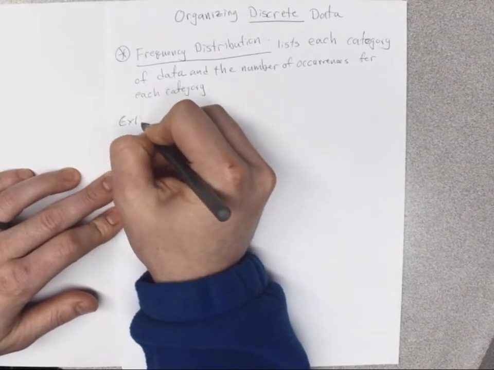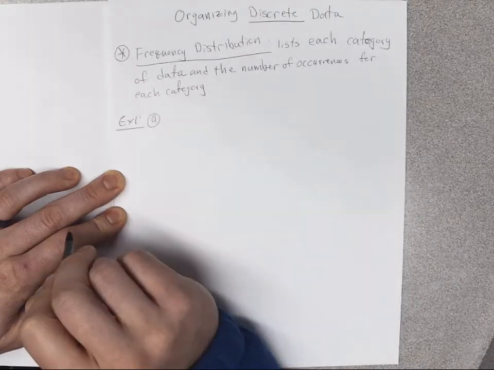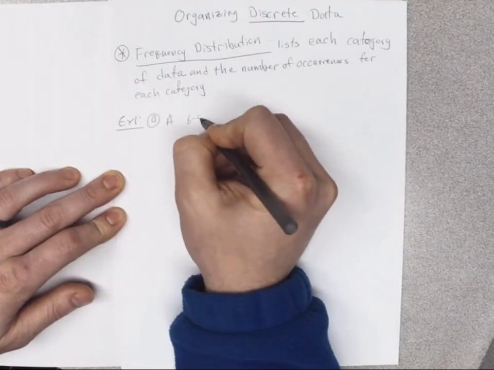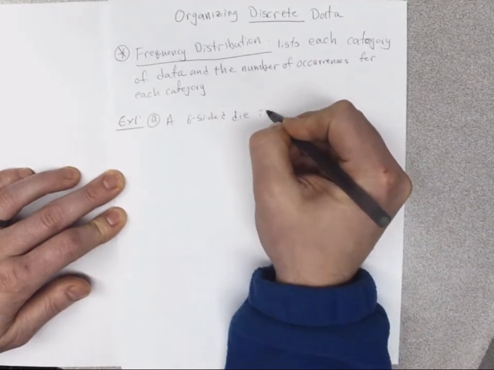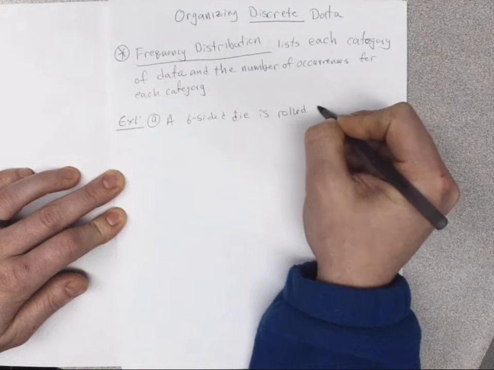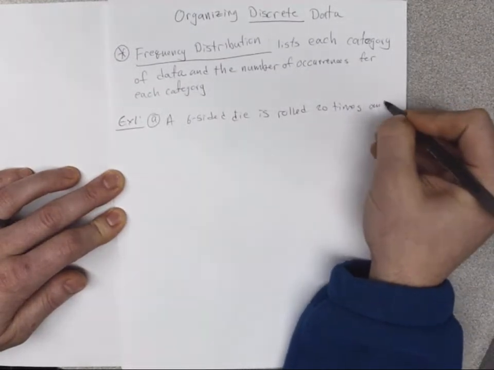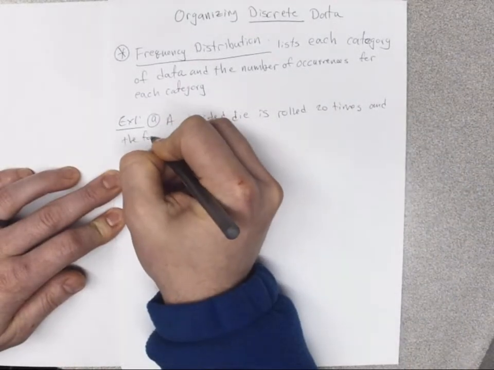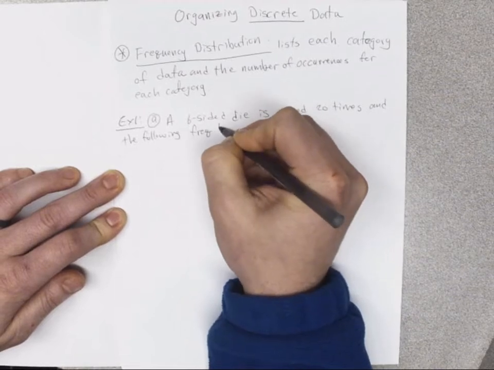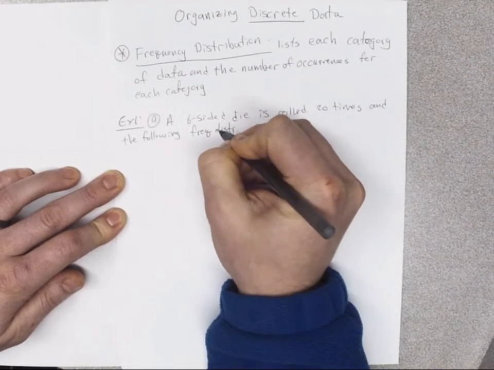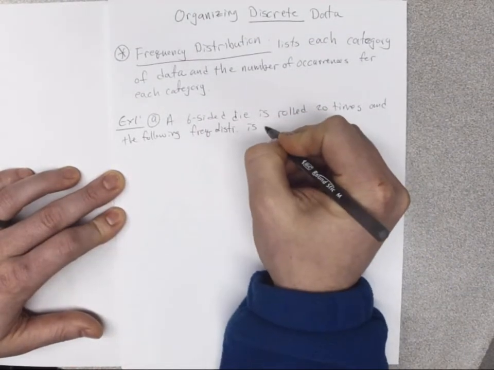Example 1. And we're going to call this part A. A 6-sided die is rolled 20 times, and the following frequency distribution, and I abbreviated frequency distribution there just to save some writing, is made.